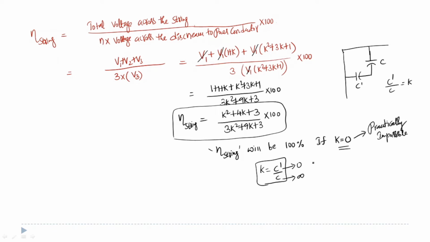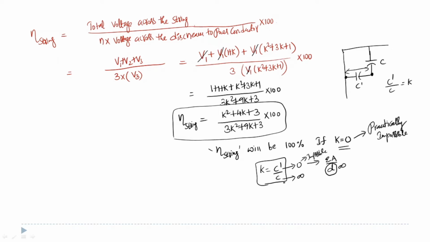C dash being 0 is impossible, because C dash is the capacitance between the metallic link and supporting tower, expressed as epsilon A by D. The capacitance will become 0 only when the distance becomes infinite, and the distance cannot be infinite. Hence C dash equal to 0 is not possible.